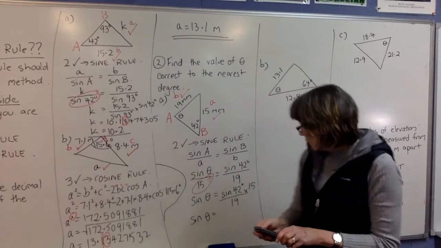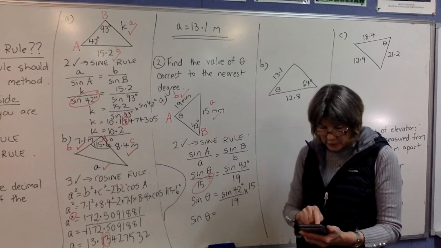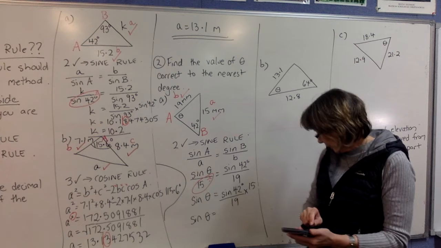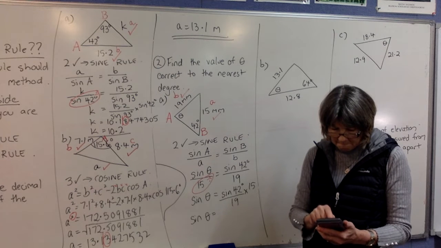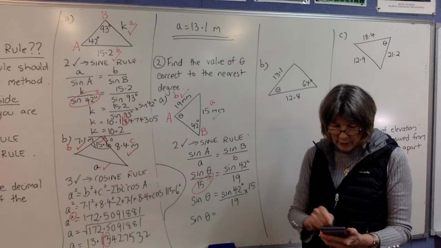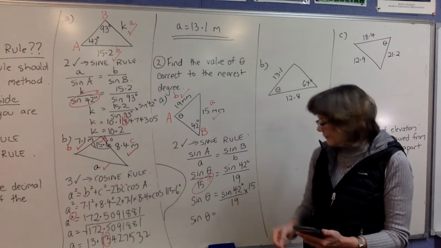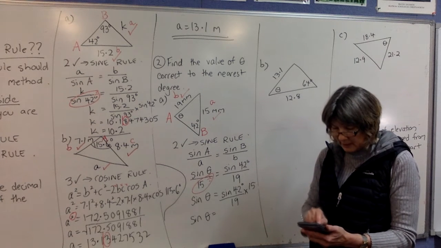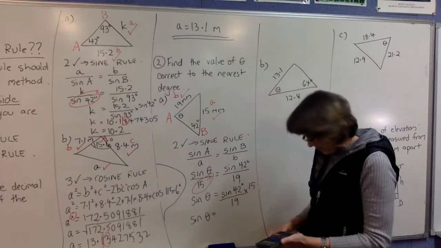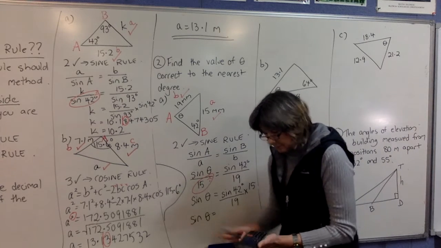Alright, so on your calculator, we're typing fraction key. On the top, sine 42. Close the bracket off, down arrow, 19. Right arrow out of your fraction, times 15 equals. And write down what you've got.